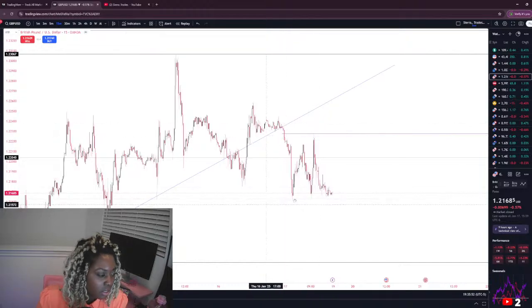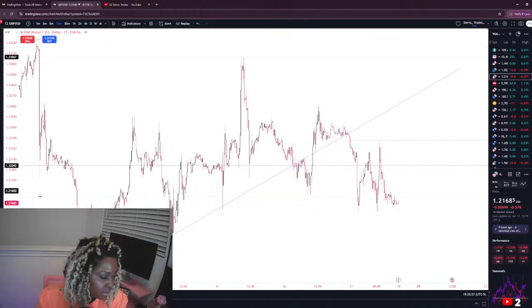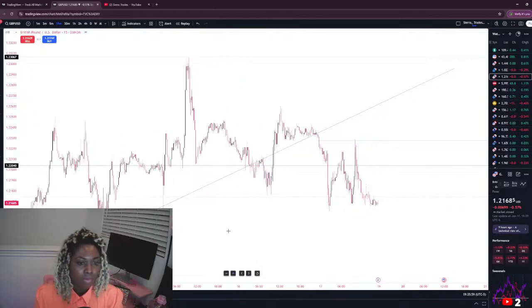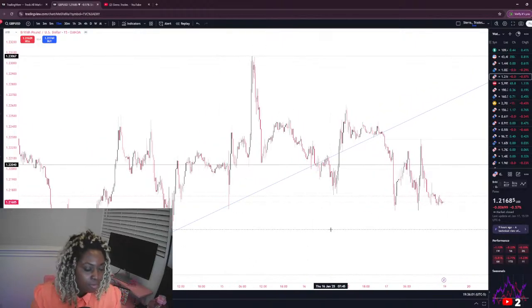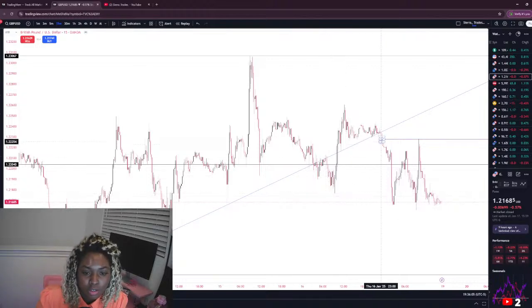It's going to finish selling. I don't see why not. Because price broke structure. Left a gap. It's like consolidating at this area.